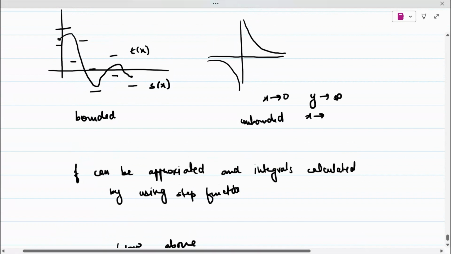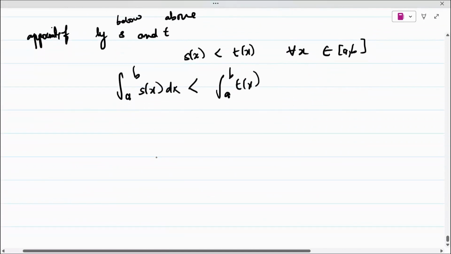Later we'll see if it approaches zero plus or zero minus, it equals plus or minus infinity. So if you come from this side, you get plus infinity. But if you come from the other side, you get minus infinity. So that's one thing you have to know. So basically it has to be bounded, and in most cases people just write it like this.